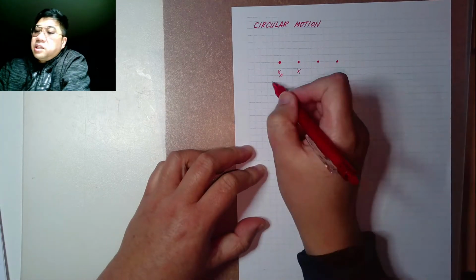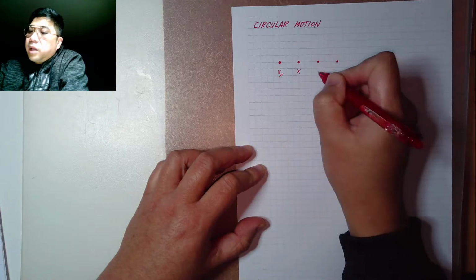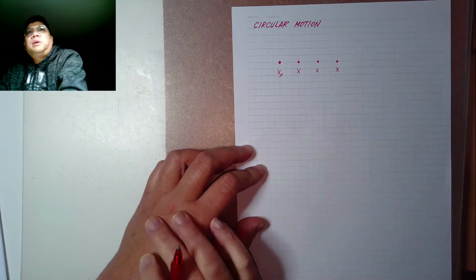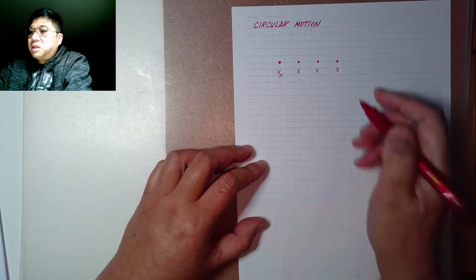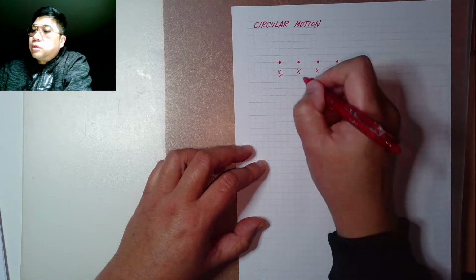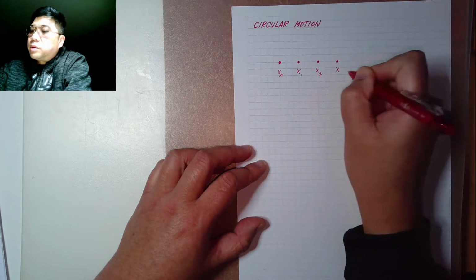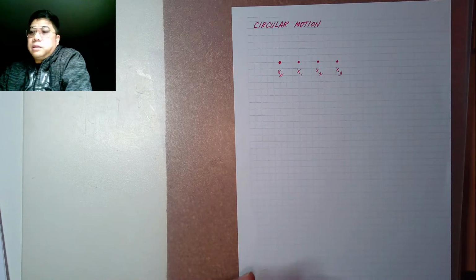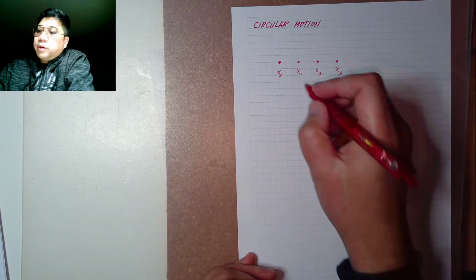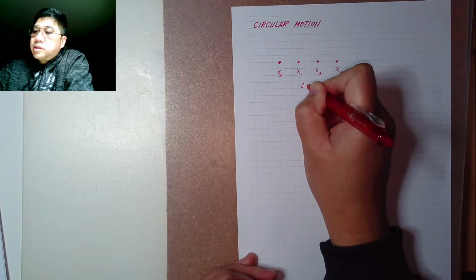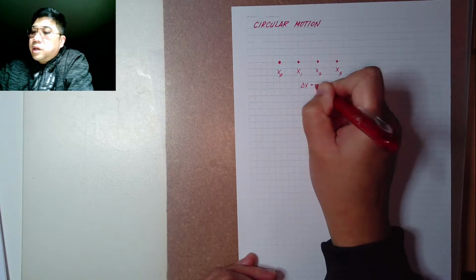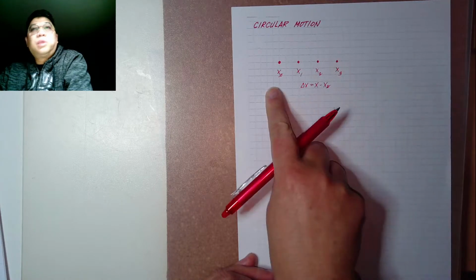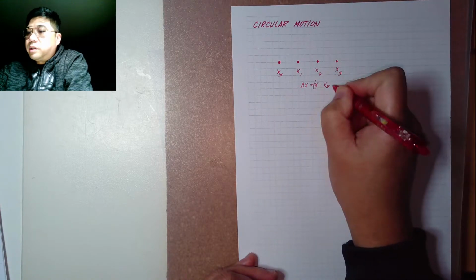So each x right here is the position. Let's say this is our position 1, position 2, and position 3, as we have learned in the previous lessons. The displacement is simply delta x, which is x minus x naught, depending on which location you want to figure out the distance.